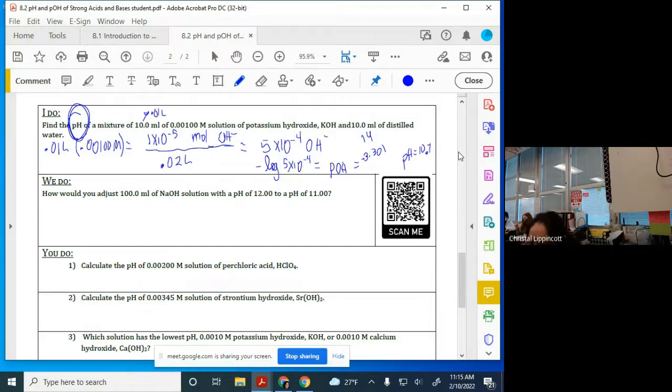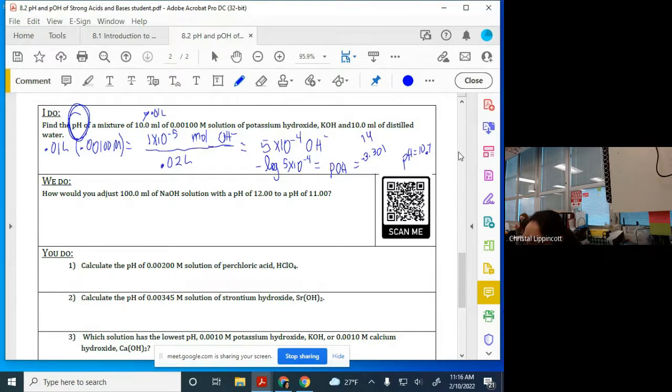All right. They want to know how we would adjust 100 mL of NaOH with a pH of 12 to get to a pH of 11. So first of all, you need to figure out, are we making it less basic or more basic? Less.